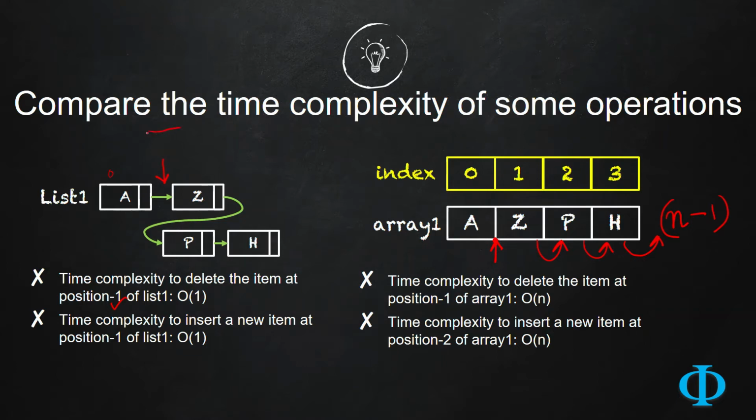Just you have to create a new node like this, and then the first operation is, first you have to just point the next node, point this node, and then instead of pointing this node, this node should start pointing to the new node.